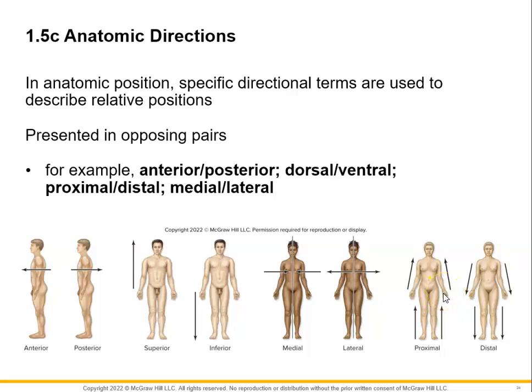Okay, so proximal, think closest to the point of attachment to the body, or if you're looking at a tubular structure like the gastrointestinal tract, then the esophagus is proximal to the colon. The colon is distal. It's closer to the end of the pathway. So if it's a pathway or a tube structure like that, proximal would be the beginning, distal would be the end.